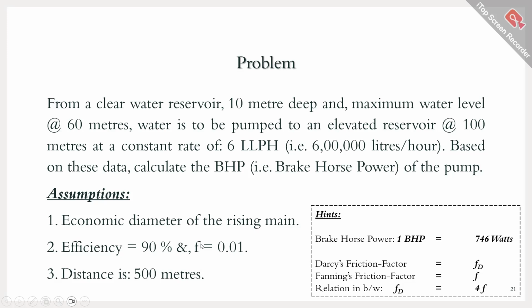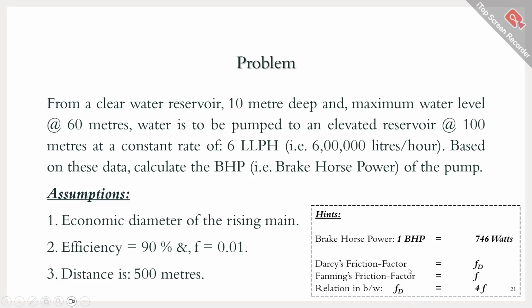Now the friction factor small f that is given here is 0.01, which is known as Fanning's friction factor. Darcy's friction factor can be denoted as F suffix D. What is the relation between Darcy's friction factor and Fanning's friction factor? The Darcy's friction factor is FD equals 4 into small f. That means the Darcy's friction factor is 4 times the Fanning's friction factor.